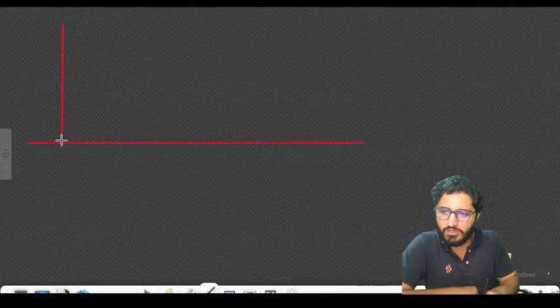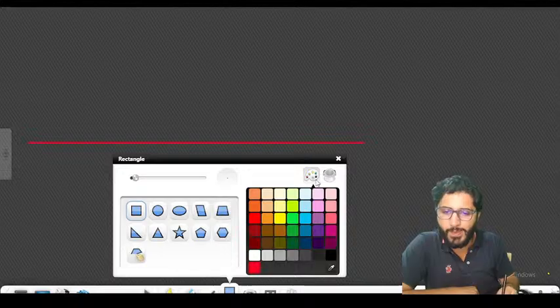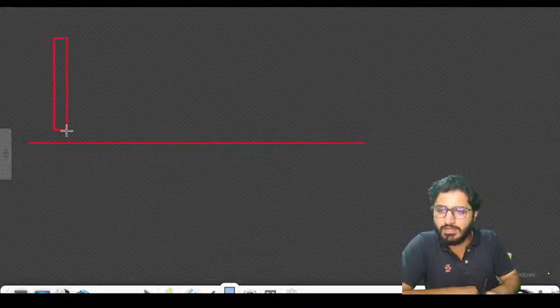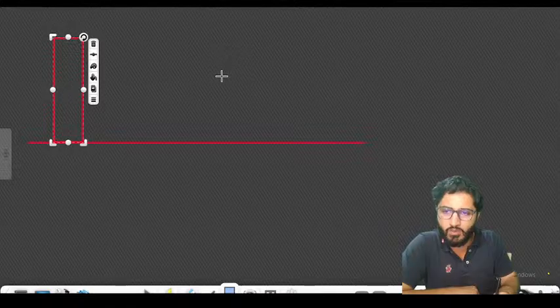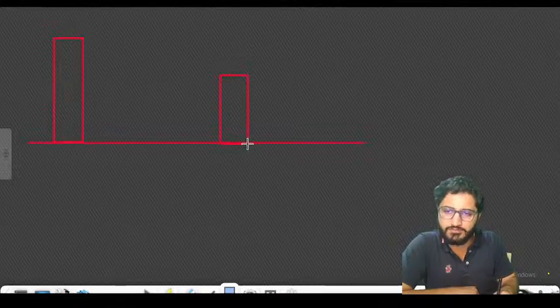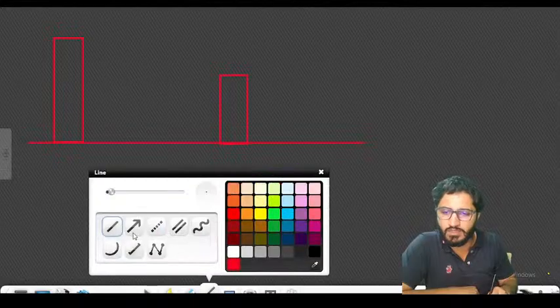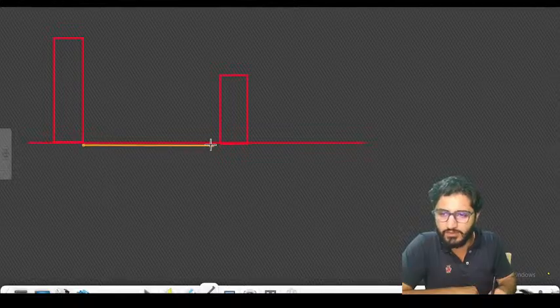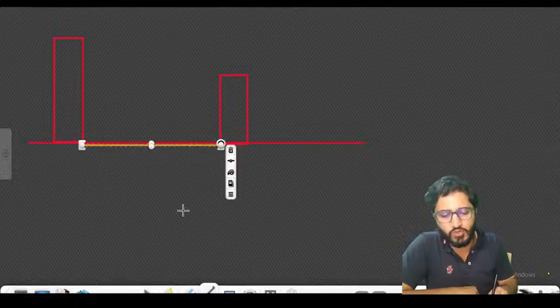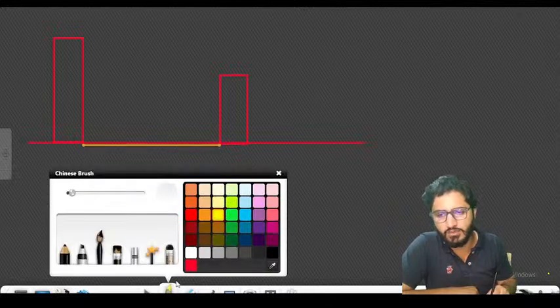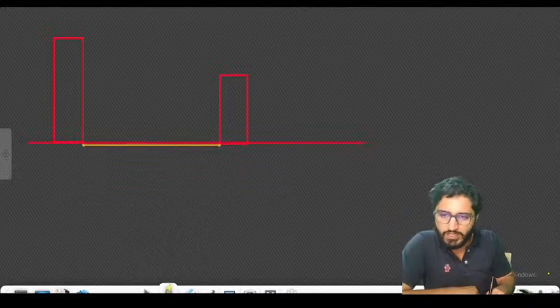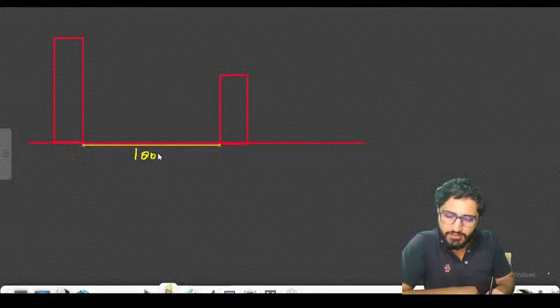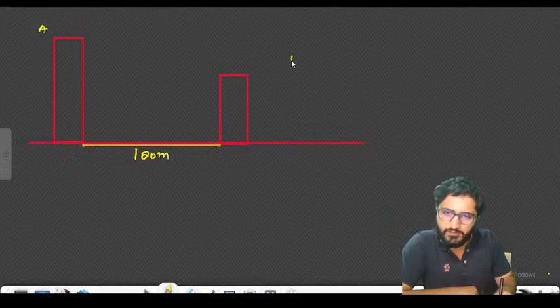One building this much high, and the distance between these two buildings is given to us. It is 180 meters. This one is building A, this one is building B.